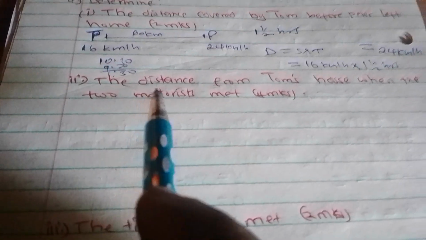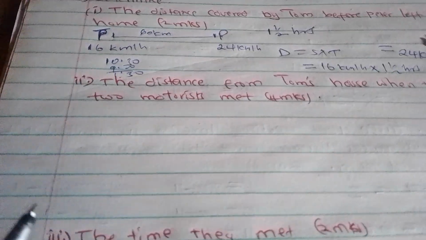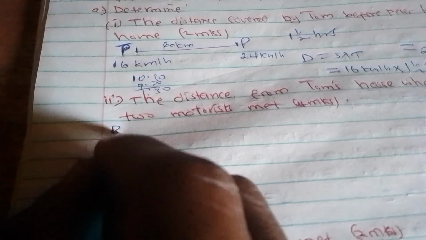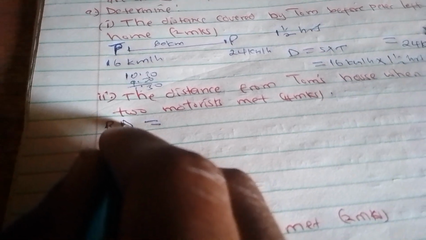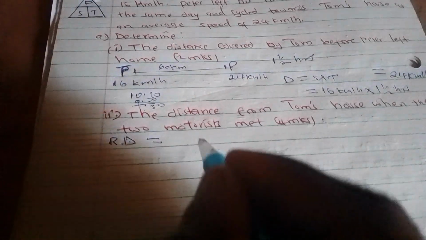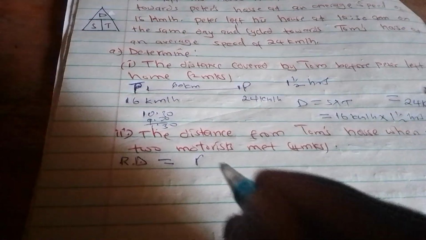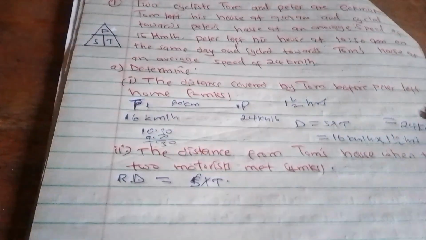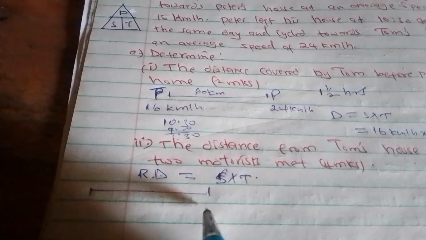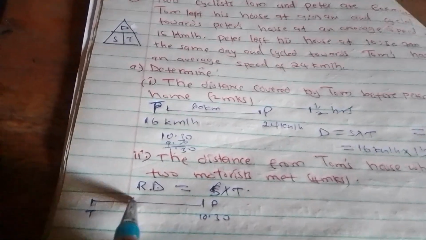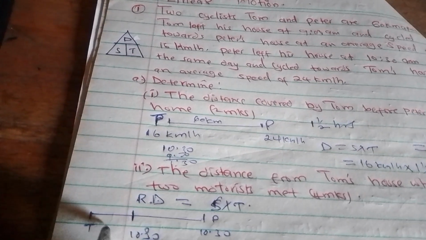Then next, wanakuuliza the distance from Tom's house when the two motorists met. Hiyo ni relative distance. And you know that distance is equal to speed times time. 10:30 ndio Peter anatoka, but at that time huyu alikuwa ametravel 24.